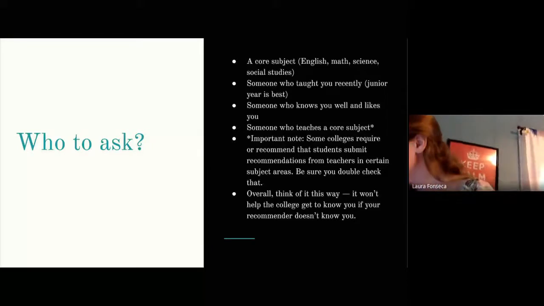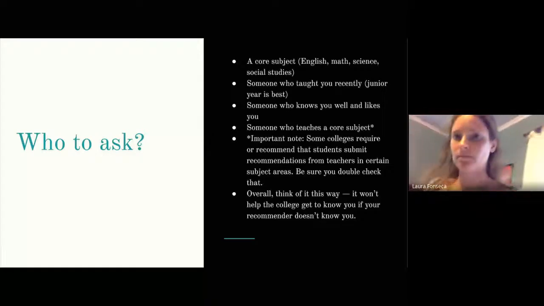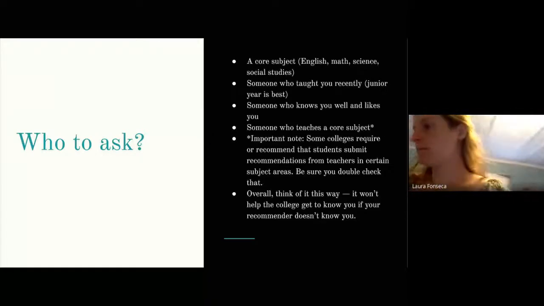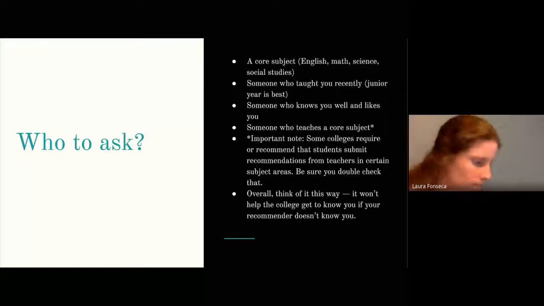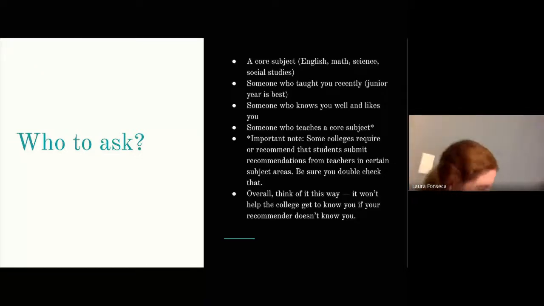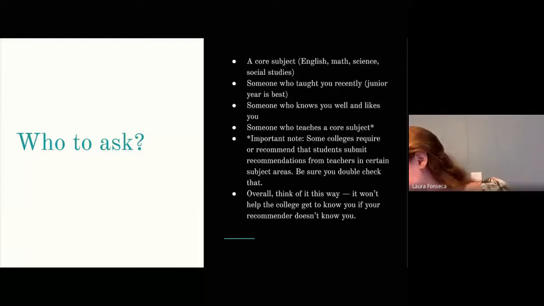And then you want to ask someone who taught you recently. So junior year is definitely the best year to ask from. Now, again, because of the situation we had last year where a lot of you went home early on in the spring semester, maybe there's somebody from the fall semester who got to know you through teaching a whole semester with you. It's important to think this through and go back to as early as fall of junior year.